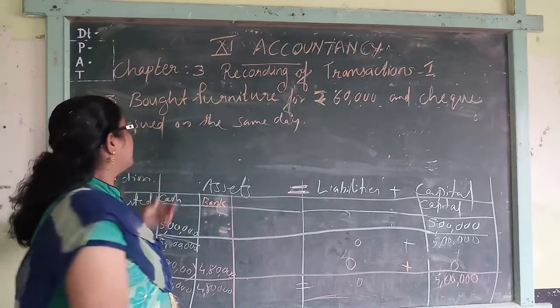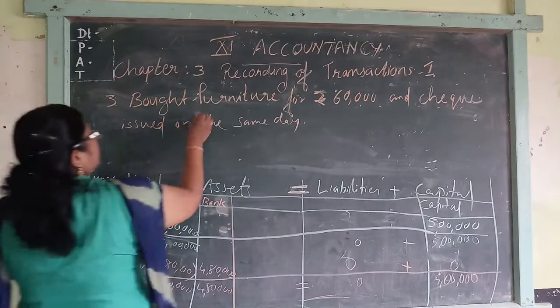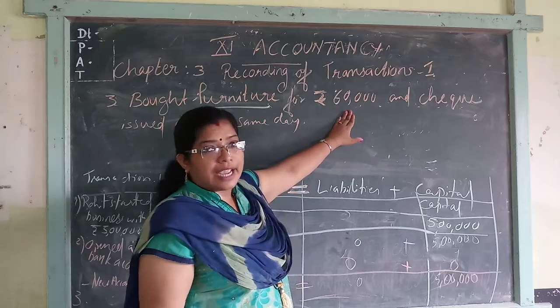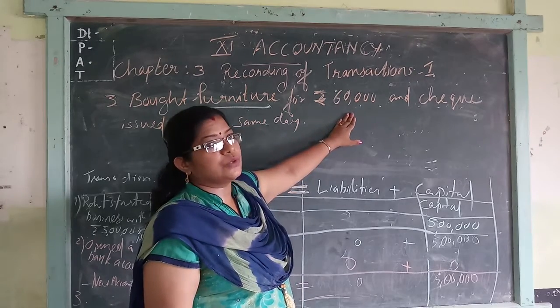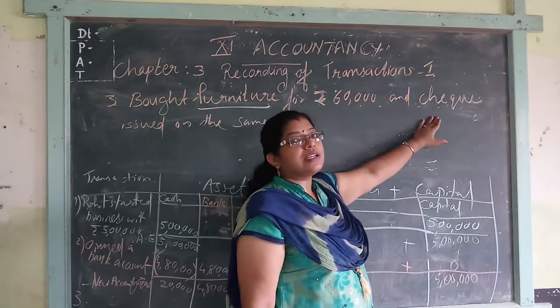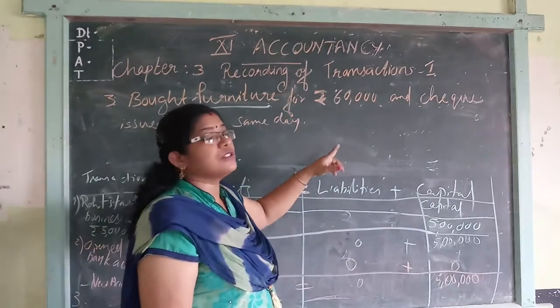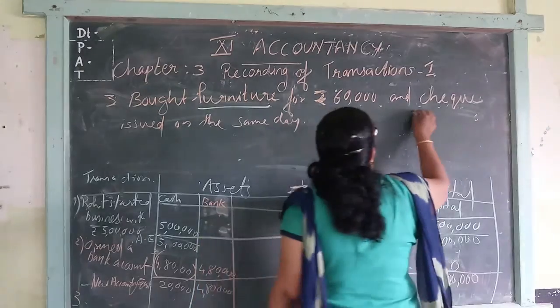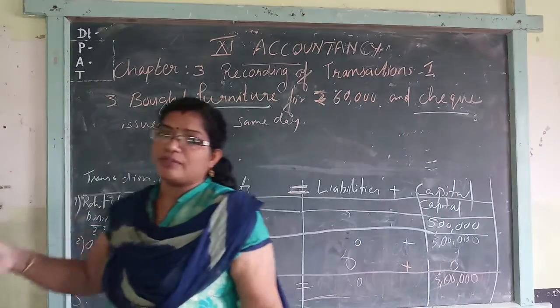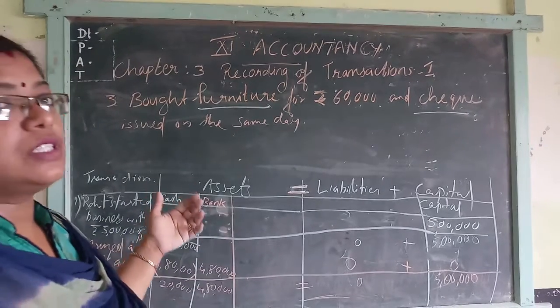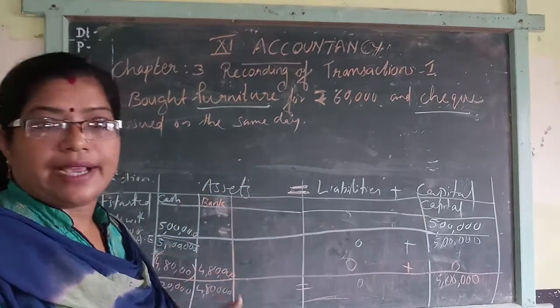You purchased one furniture for rupees 60,000. Cash paid? No, cash not given. Check given, check issued. Check is related with the bank, isn't it? So it is affected in bank only. From the bank account balance, it will automatically be deducted.